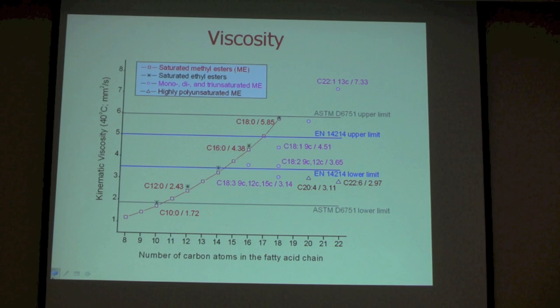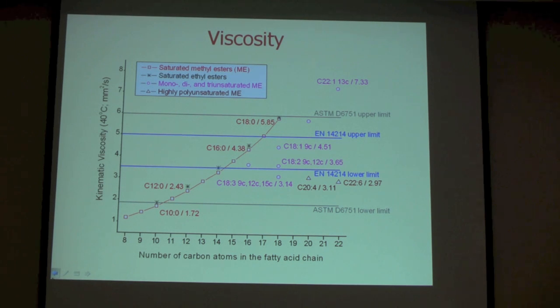I'll say a few words about viscosity, since that's essentially the major reason why you make biodiesel in the first place. Again, as I've done with the cetane number, I put in the specifications here too. The gray bars are the range that ASTM D6751 allows for a biodiesel fuel.